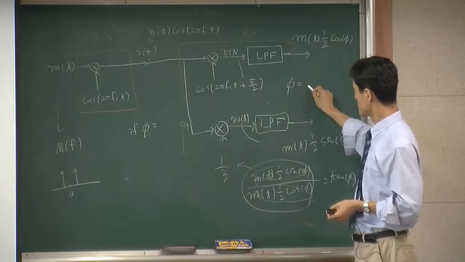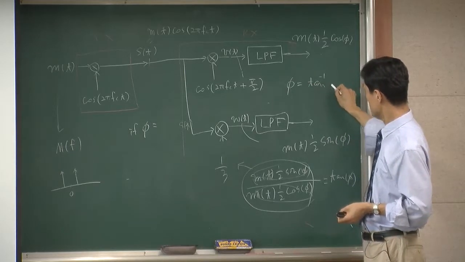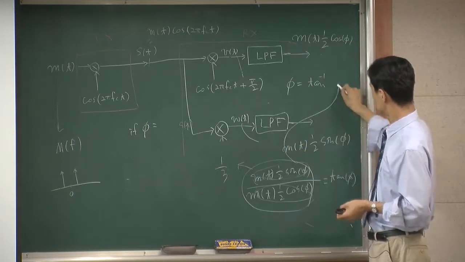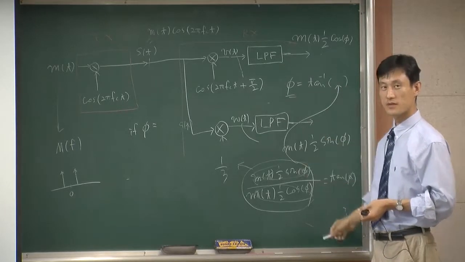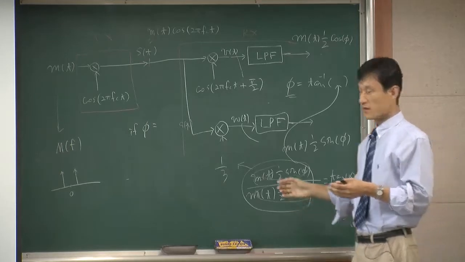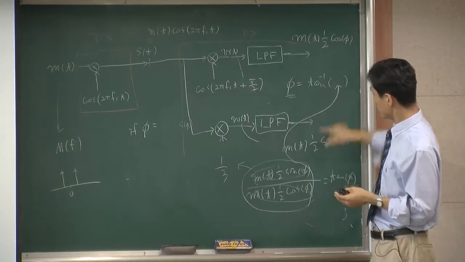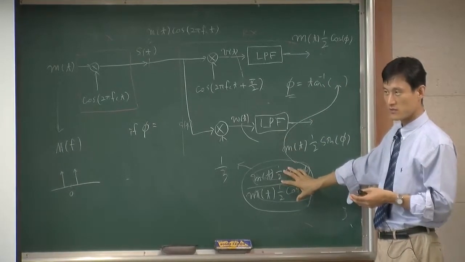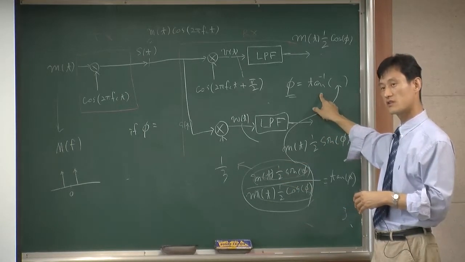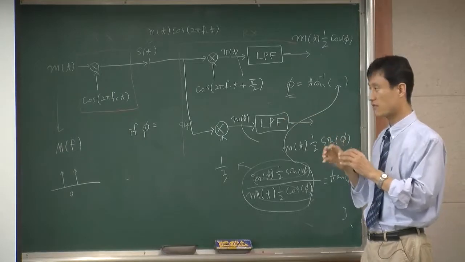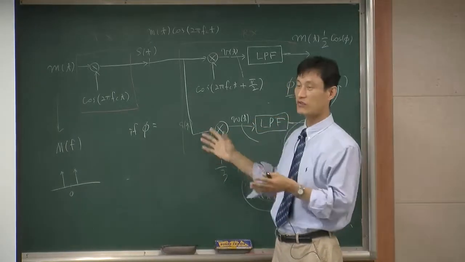Phi is the arctangent of this value. Then you find out the phi. Mathematically, simply do a division, then calculate the arctangent, the inverse tangent. Then you can immediately find out the phi. So this is how to find out the phi.